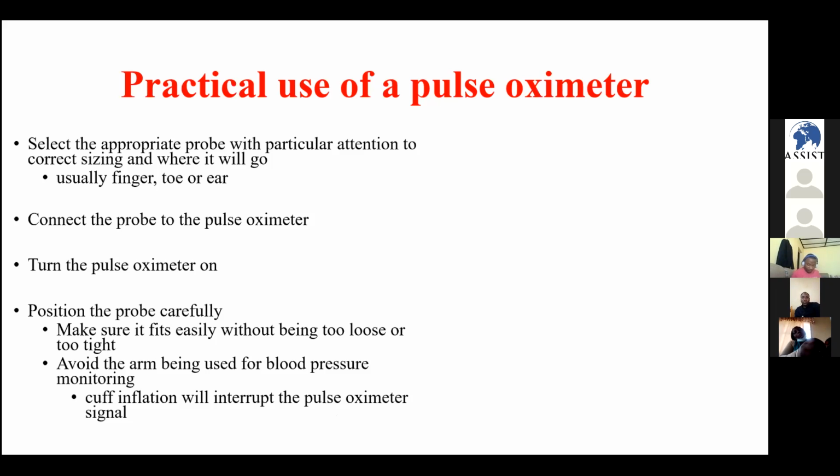It doesn't have to be too loose or too tight to cause compression. You also have to avoid the arm used for blood pressure monitoring, because when the cuff is inflated, it can interrupt the pulse oximeter signal.